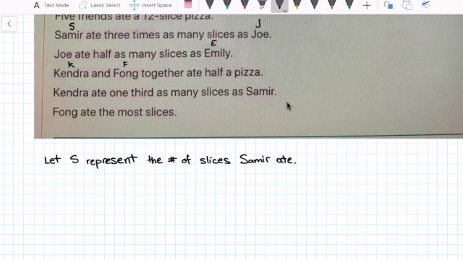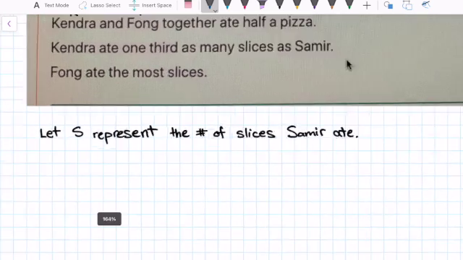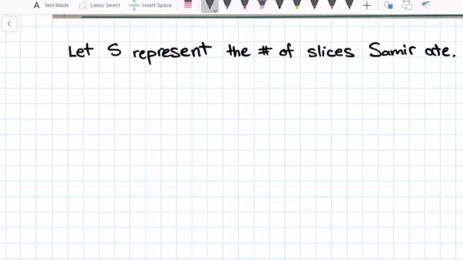Now, based on that, we could develop an equation. So we have S plus J plus K plus E plus F is equal to 12, because altogether there's 12 slices and the friends cannot eat over 12 slices altogether.